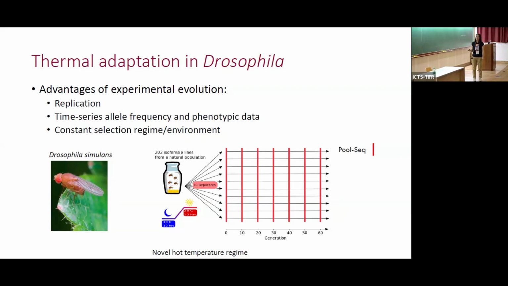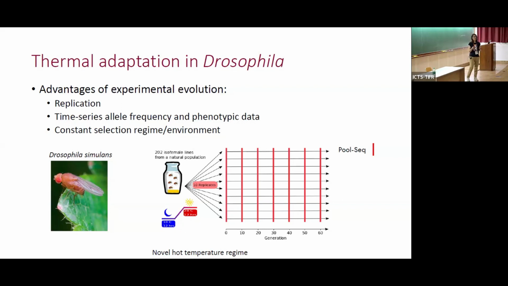When I joined Christian's lab as a postdoc, I started analyzing a particular data set where Christian has established some founder populations from Drosophila simulans, and there were 10 independent replicate populations, all established from the same founder, and they were exposed to a new selection pressure, which was a hot selection environment.